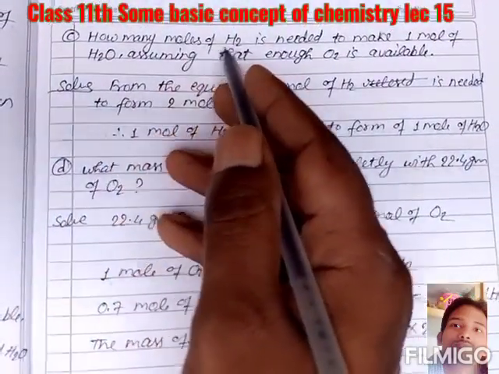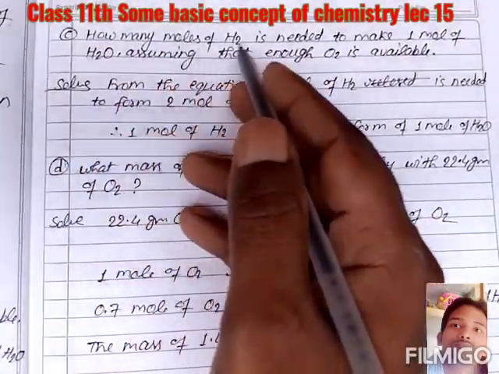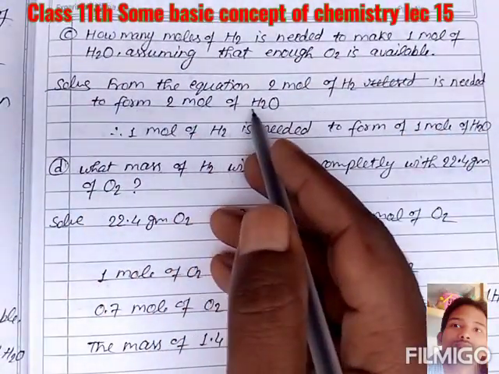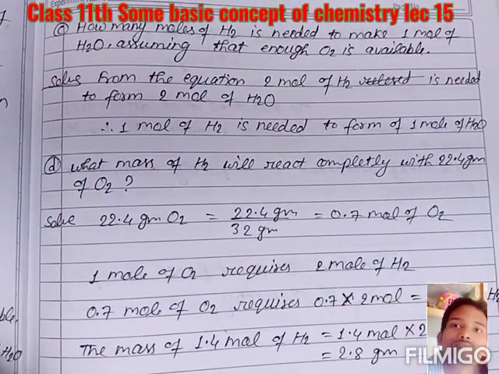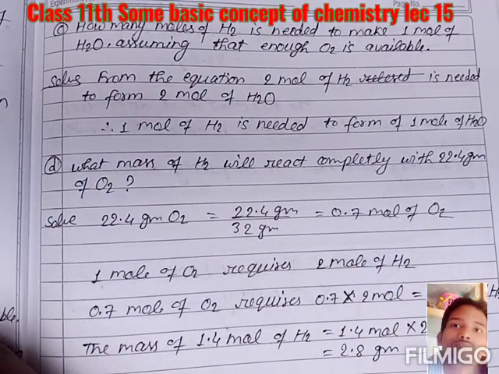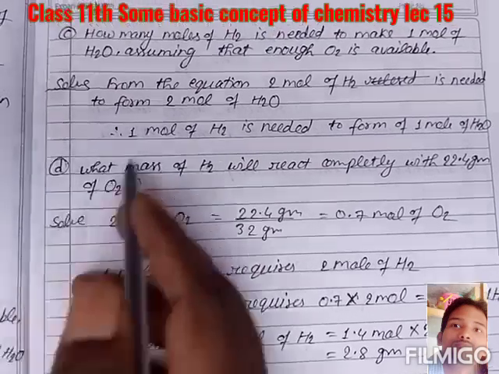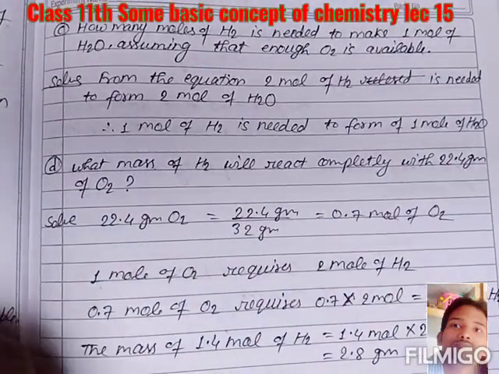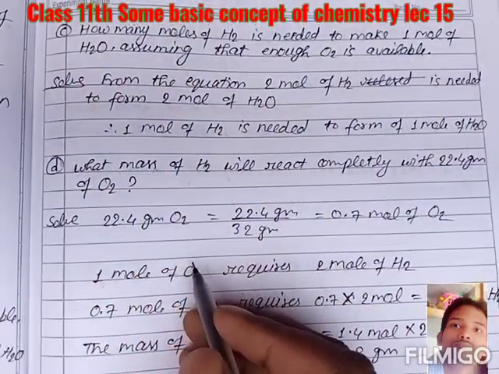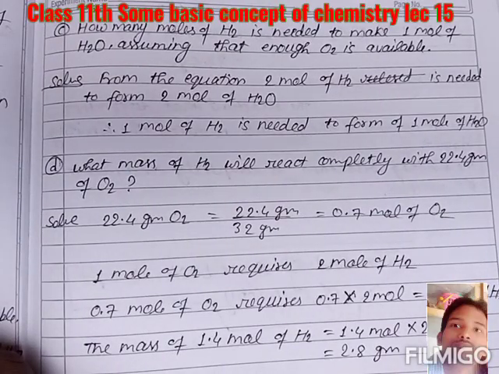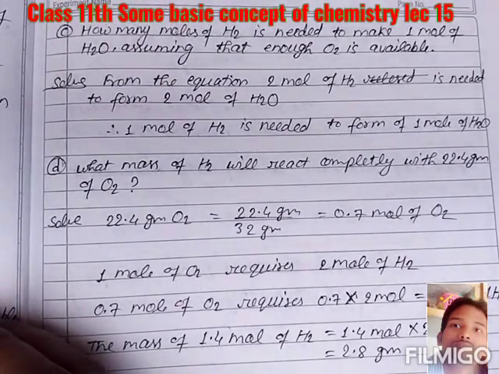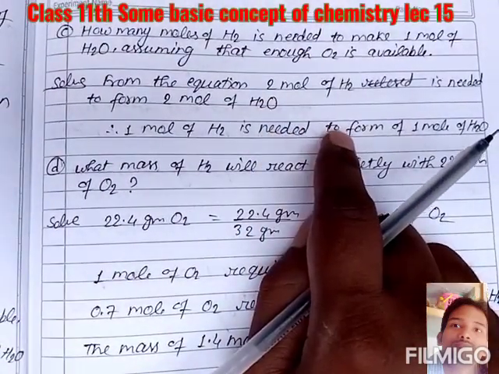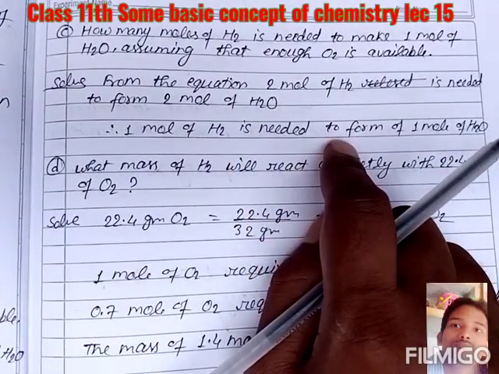From the equation, 2 moles of hydrogen are needed to form 2 moles of water. Then 1 mole of hydrogen is needed to form 1 mole of water, because the stoichiometric coefficients of hydrogen and water in the given reaction are the same. So 2 hydrogen will form 2 water molecules, and 1 hydrogen molecule forms 1 water molecule.